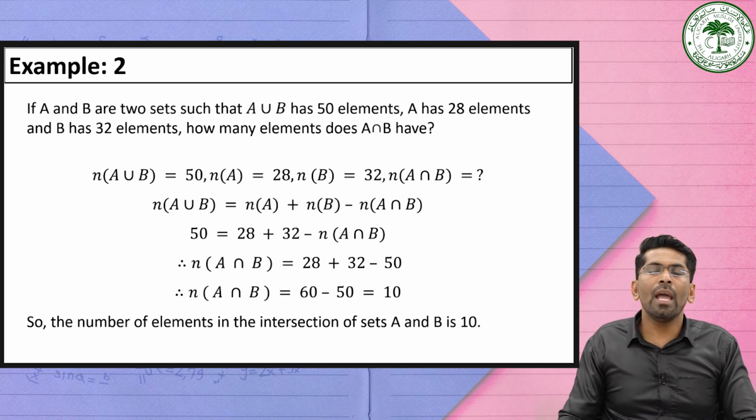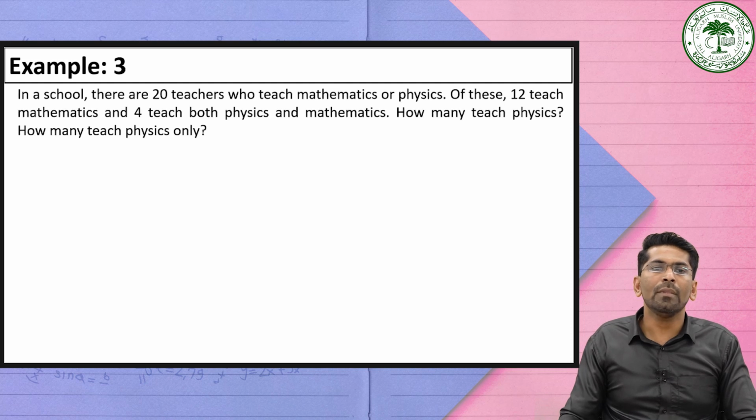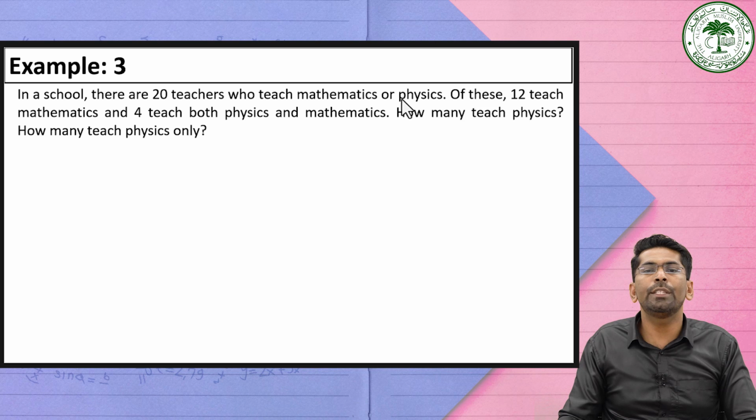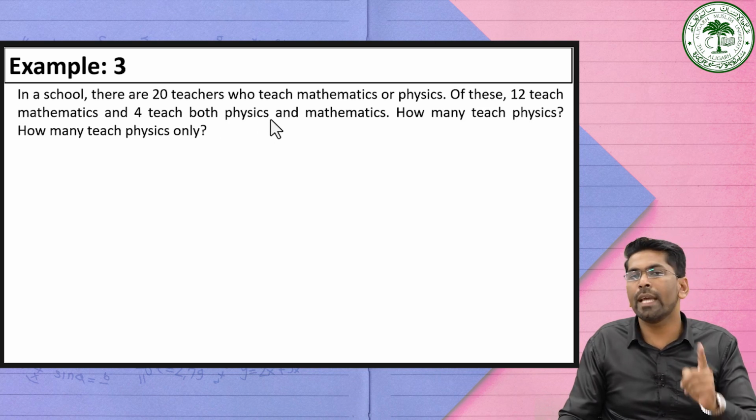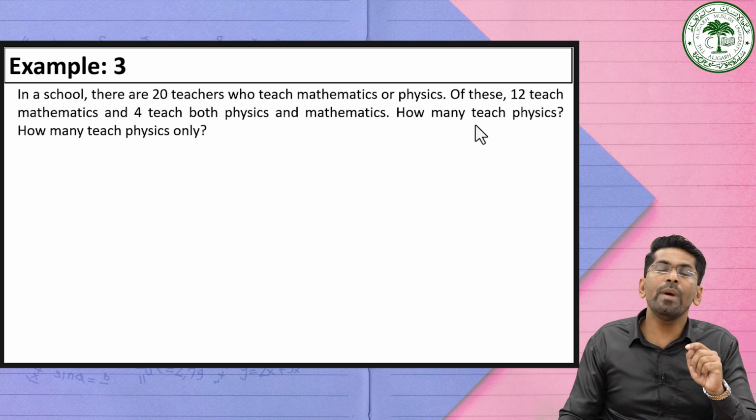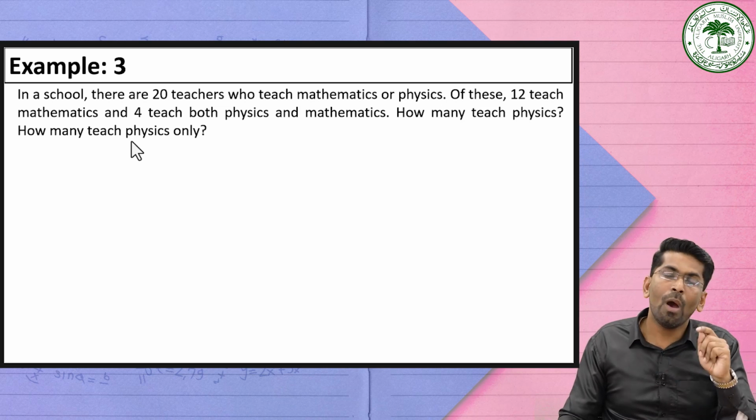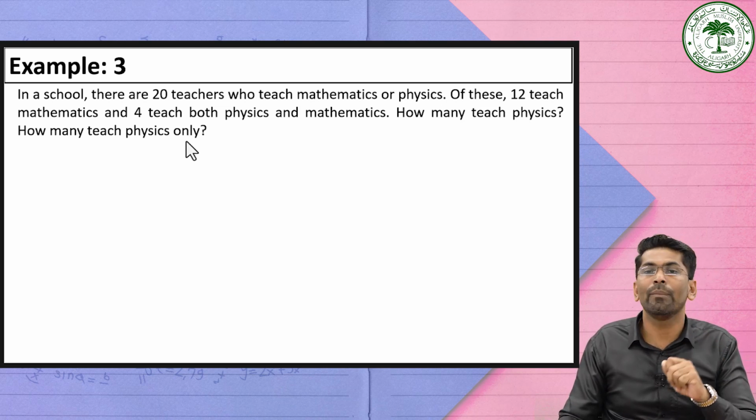Now we have another example. In a school there are 20 teachers who teach mathematics or physics. Of these, 12 teach mathematics, 4 teach both physics and mathematics, and how many teach physics and how many teach physics only?